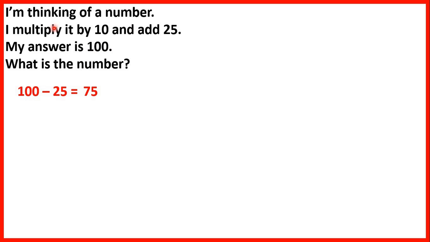So they multiplied by 10 to get 75. So we can divide 75 by 10 because we're working backwards, and 75 divided by 10 is 7.5. So that's the number that they thought of to start with.